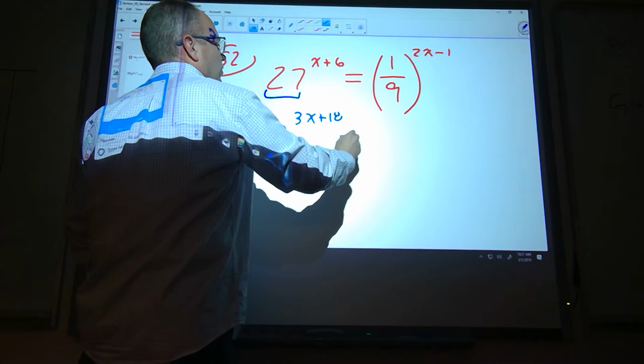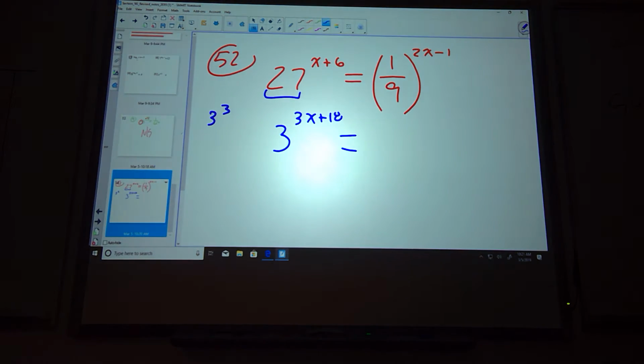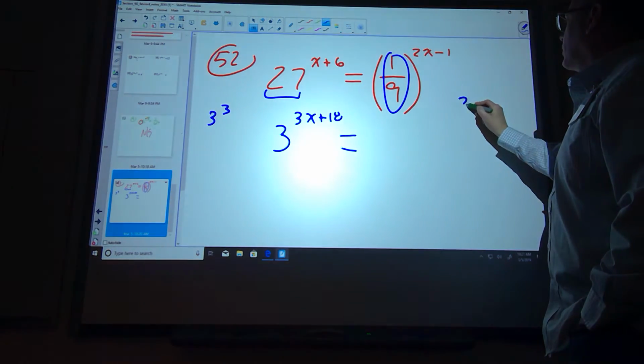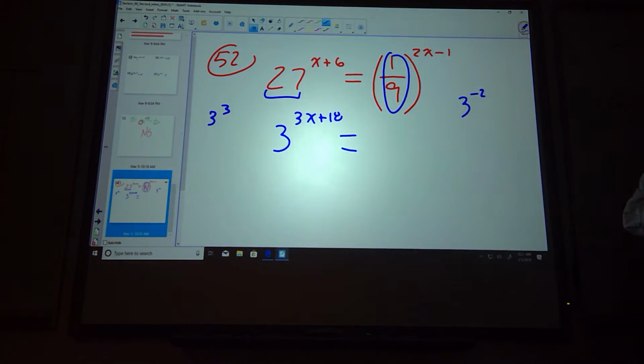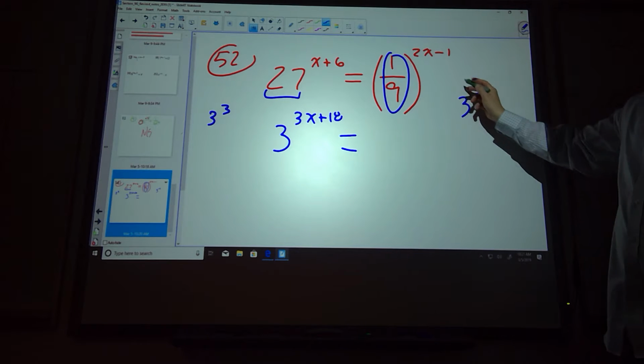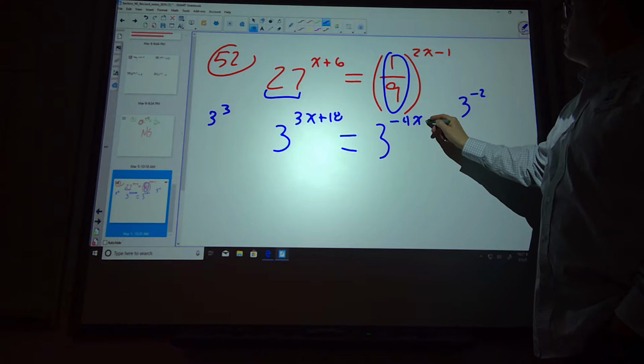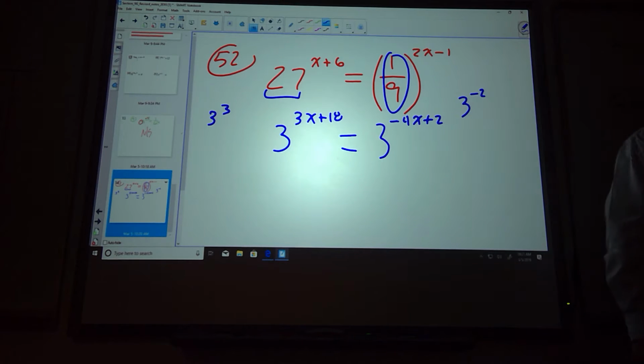Does everybody agree with that? Now, I don't want to have 1 over 9. I'm going to have 9 to the negative 1. But how do I make 9? 3 squared, so I'm going to convert this to 3 to the negative 2. Is that okay? And that means I need to distribute that negative 2, so I get negative 4x plus 2. Does that seem okay so far?